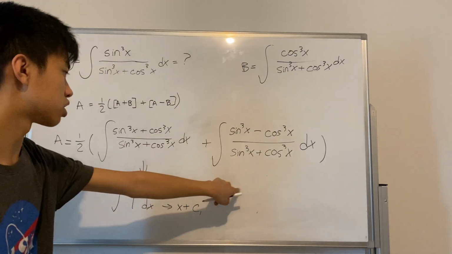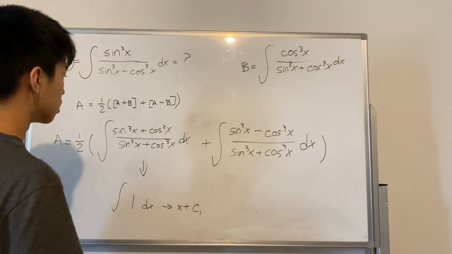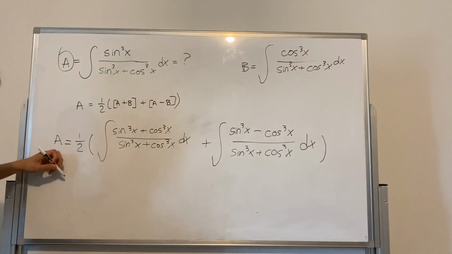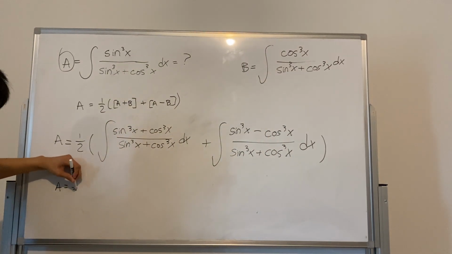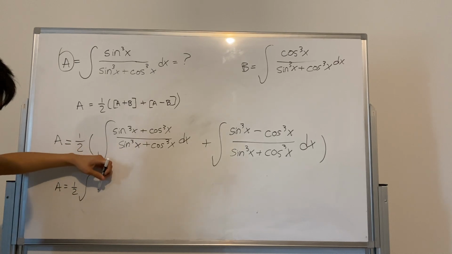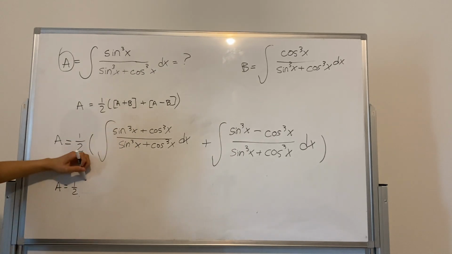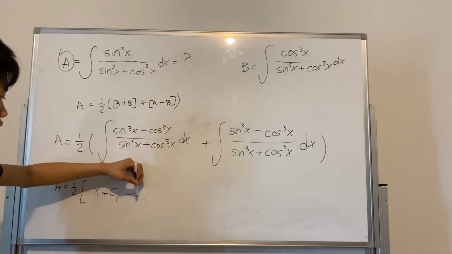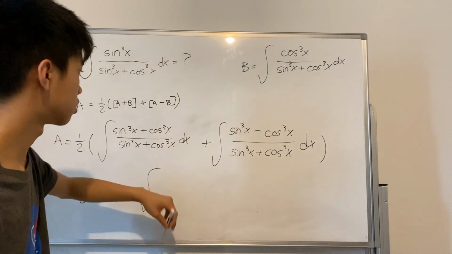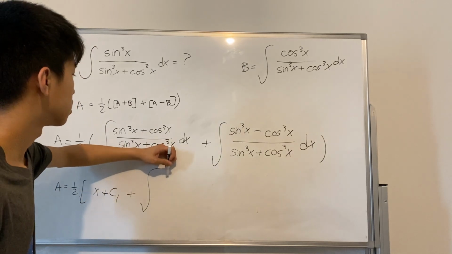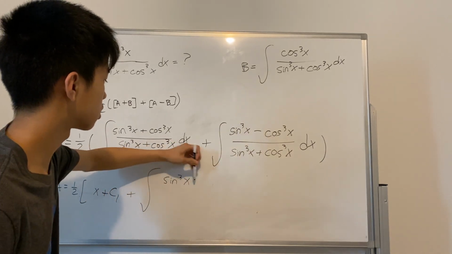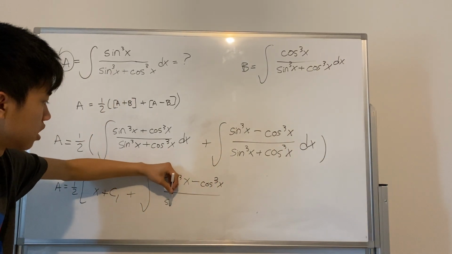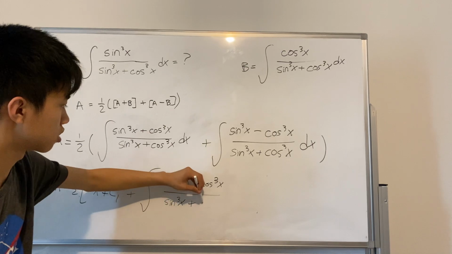Now this part's a bit harder, so we already know this part. So we know A is equal to 1/2 times x plus C1 plus this integral here, sine cubed x minus cosine cubed over sine cubed plus cosine cubed.